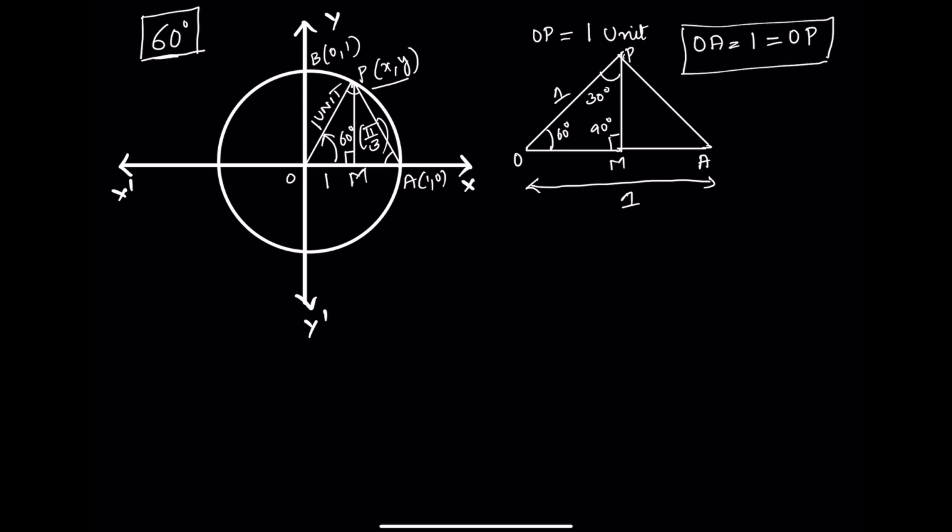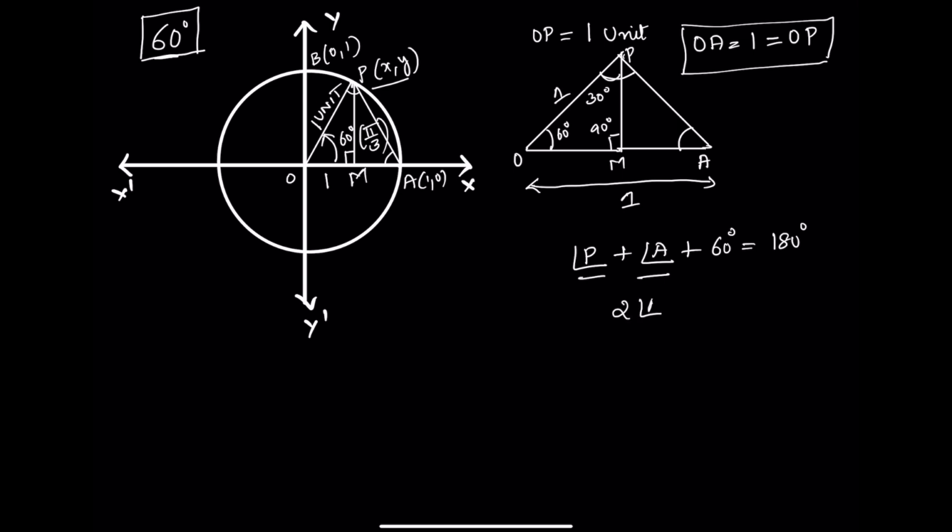Now, if OA and OP are 1, the angle formed at P and the angle formed at A are both equal. That is the rule in triangles. So let's add: angle at P plus angle at A plus the angle at O, which is 60, is 180 degrees. But we know angle P and angle A are equal.